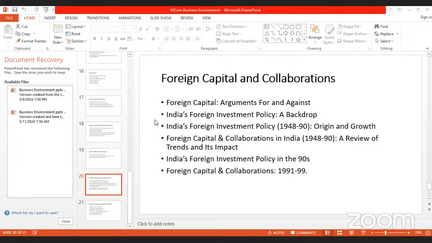The FERA, the Foreign Exchange Regulation Act of 1973, imposed strict regulation on foreign companies, but also provided a pathway for foreign investment, joint ventures, and collaboration with minority foreign stake.